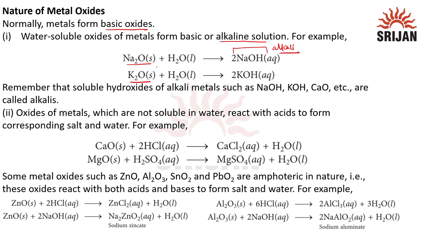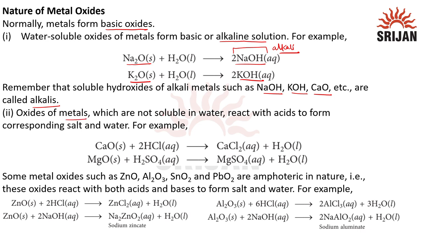Here you can see when sodium oxide reacts with water, it forms sodium hydroxide, that is NaOH, and it is a very strong base. Similarly with potassium, that forms potassium hydroxide. Remember that soluble hydroxides of alkali metals such as NaOH, KOH, CaOH, etc. are called the alkalis, right?